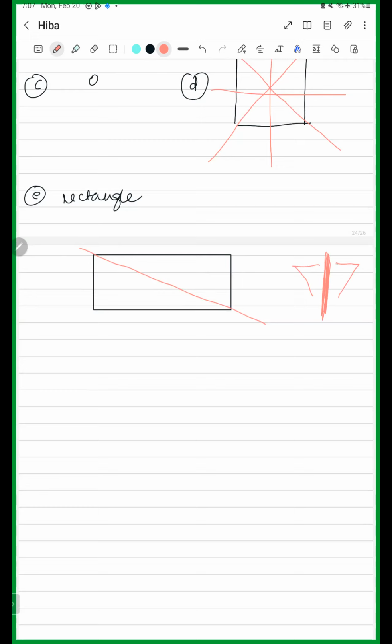That was to be symmetrical. Over here one side of the line of symmetry goes like this, and on the other side it goes like this.